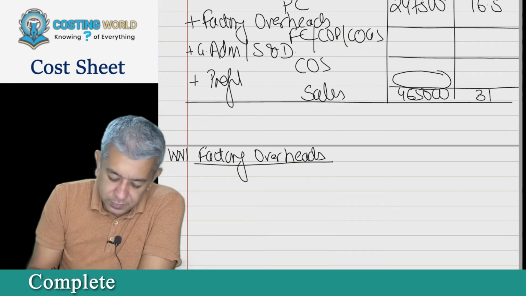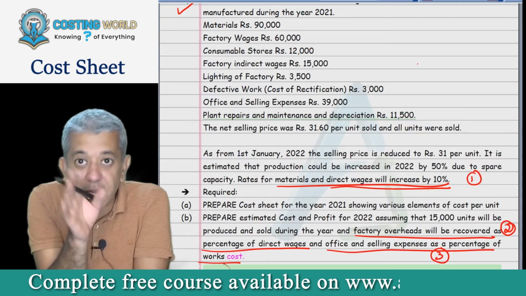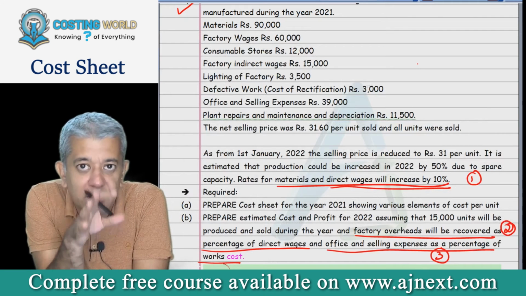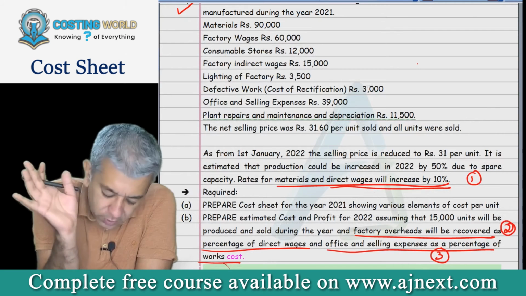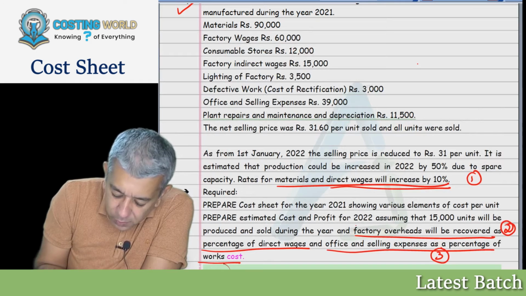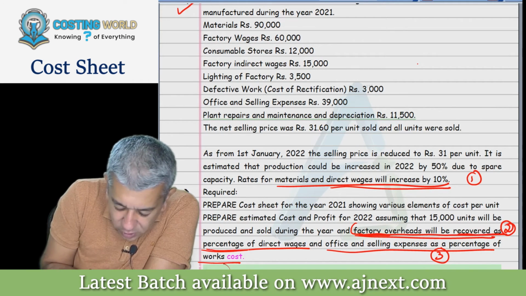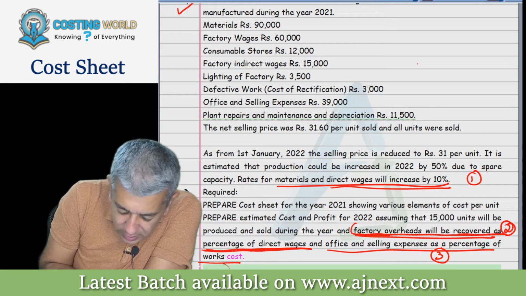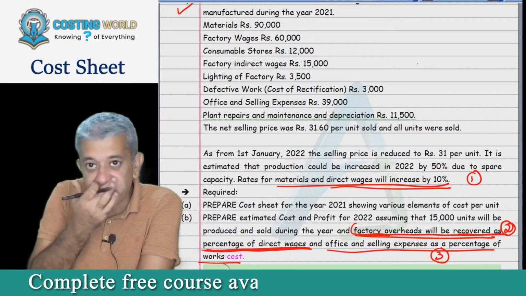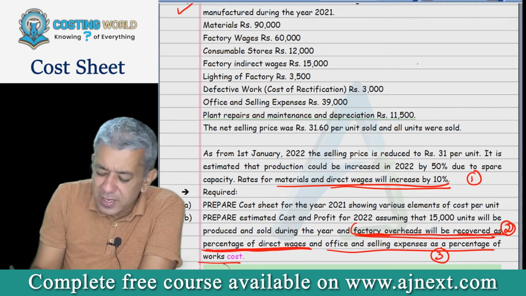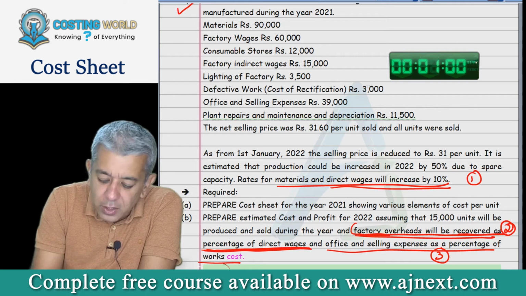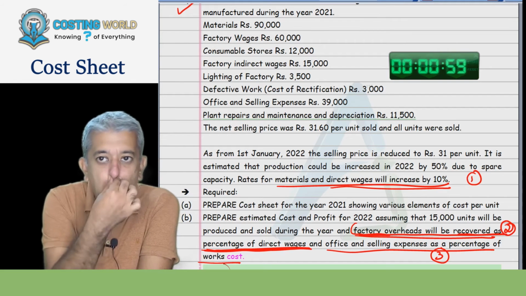Now, those people who have got the correct answer and I have told it is a correct answer might not reply. But based upon this line, factory overheads will be recovered as a percentage of direct wages. Read this line 5 times and try it just once more. I give you a minute. You give me factory overheads.